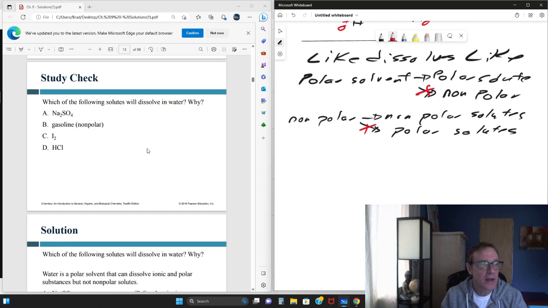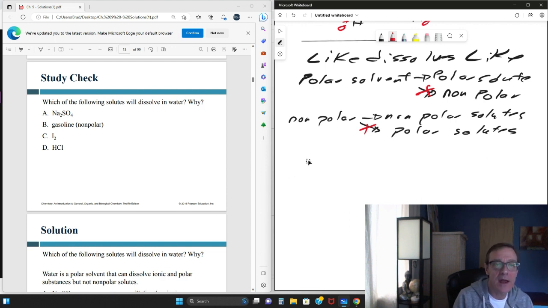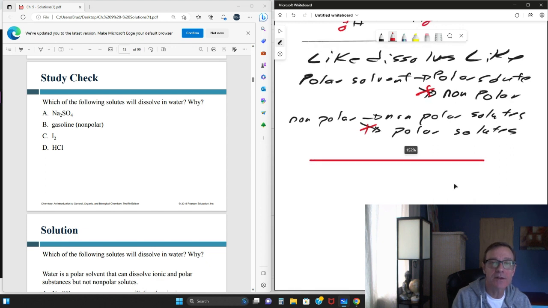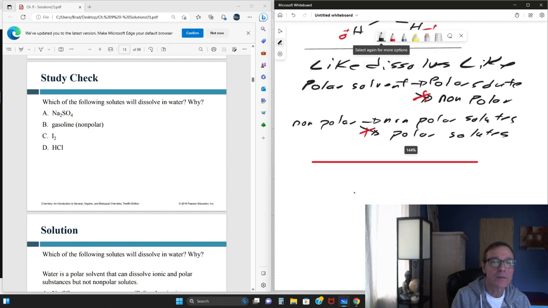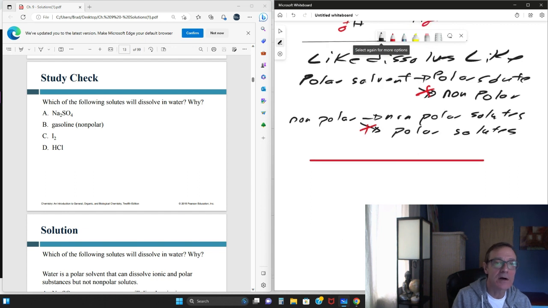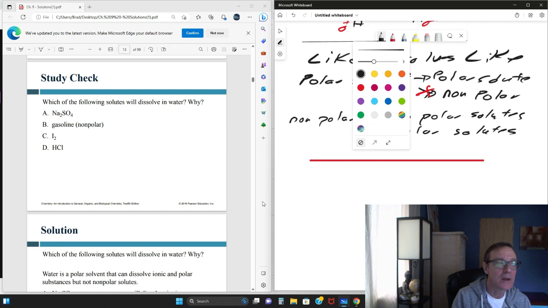So let's kick it up a notch and look at which of the following solutes will dissolve in water. Of course, we know that like dissolves like, so all they're really asking us is which of these molecules are polar.